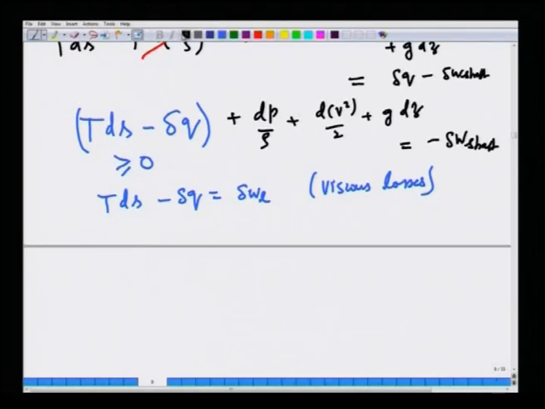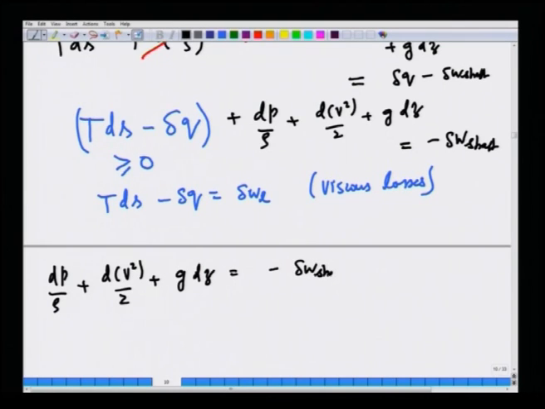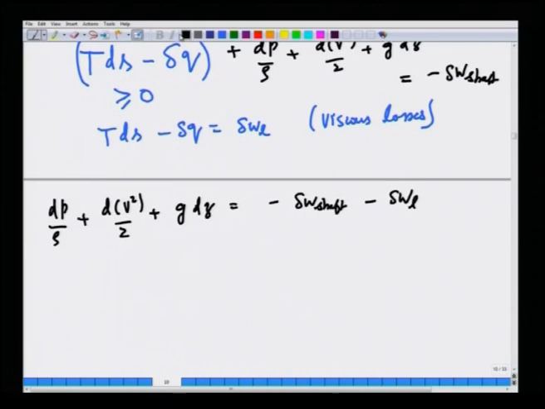So, we are going to write this as dP by rho plus d of v squared by 2 plus g dz is equal to minus delta W shaft minus delta W loss, the viscous loss. Now, I can change the differential form to the input minus output form.